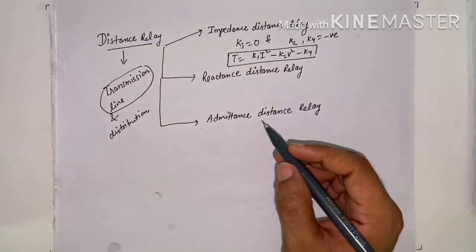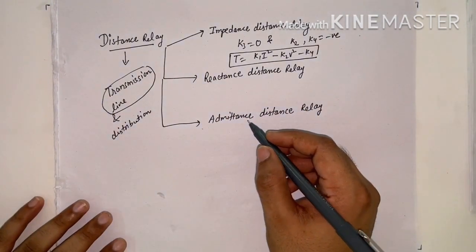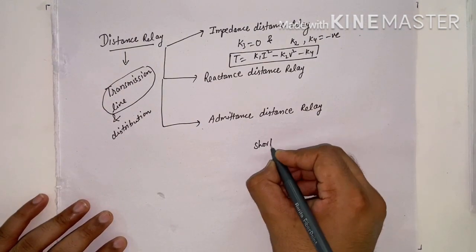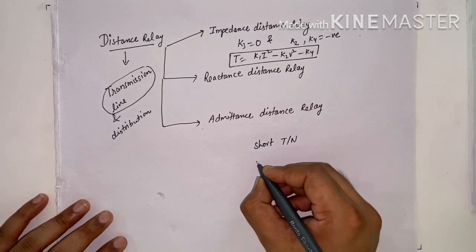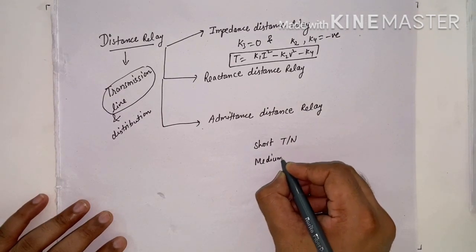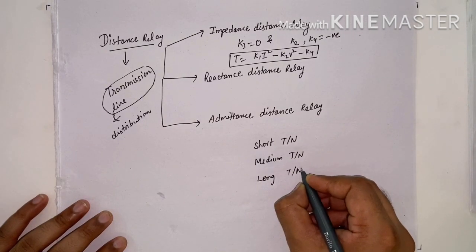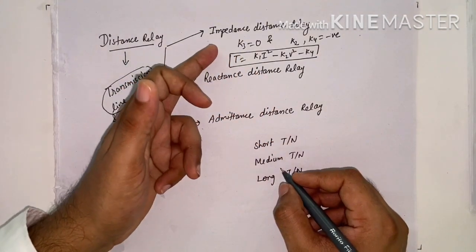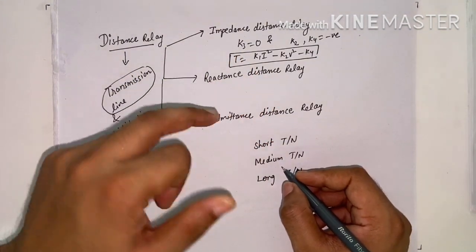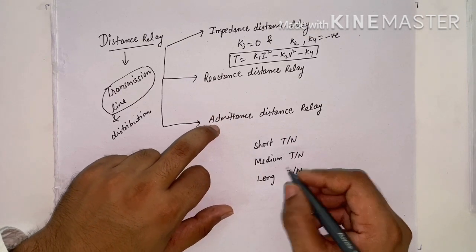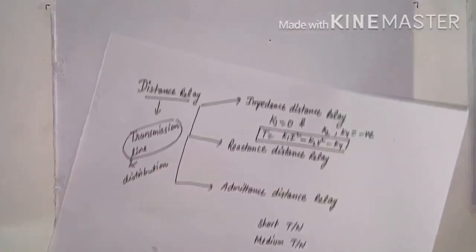Actually, transmission lines are categorized into three categories: first is the short transmission line, second is the medium transmission line, and third is the long transmission line. So we will see where we can use the impedance distance relay, where we can use the reactance relay, and where we can use the admittance distance relay. Now we will discuss the impedance distance relay.